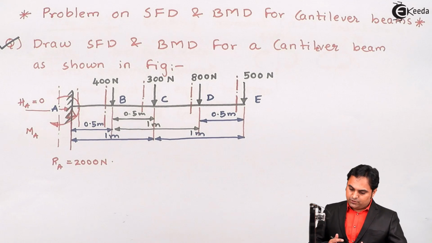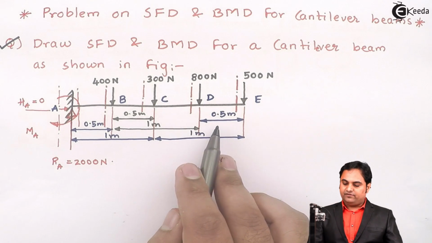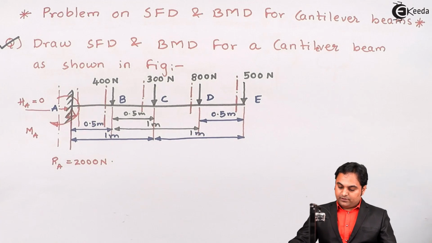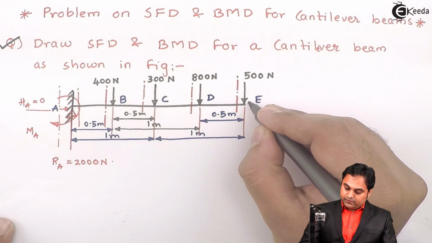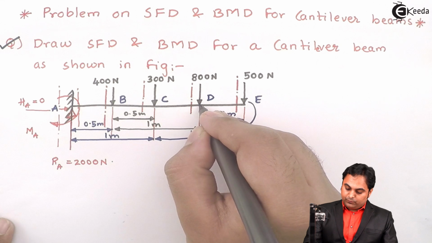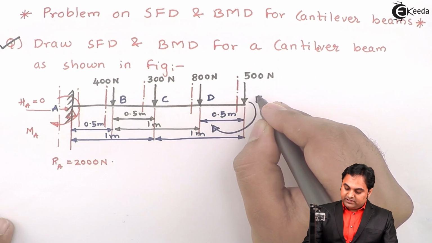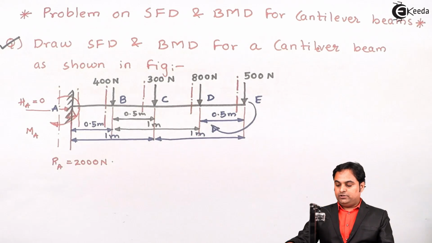because even if I take the left hand section, I will get the same answer. So here the moment at D will be equal to 500 into 0.5, and this moment will be in clockwise direction. So point D is here, force is on the right hand side of D, so moment is produced clockwise to the right.